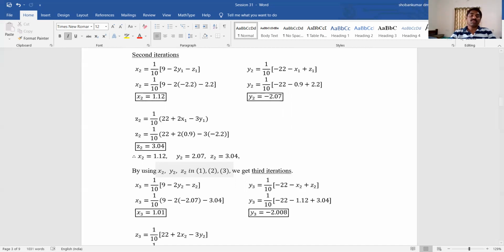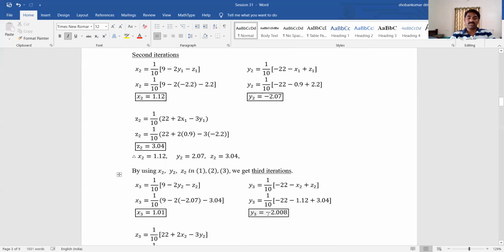Now we go for one more approximation. For the third approximate values, the initial values are x2, y2, z2. Therefore, x3 = 1/10 (9 - 2y2 - z2). Now x3 = 1.01. y3 = 1/10 (-22 - x2 + z2). Here we know x2 and z2.